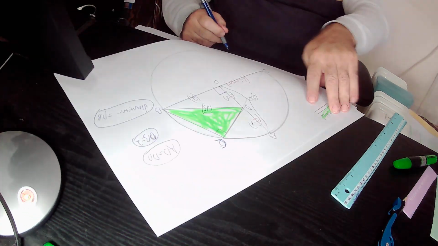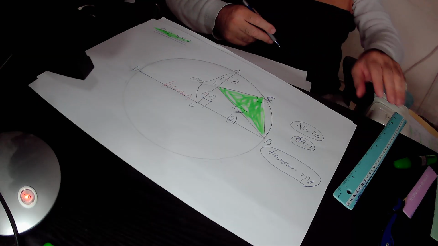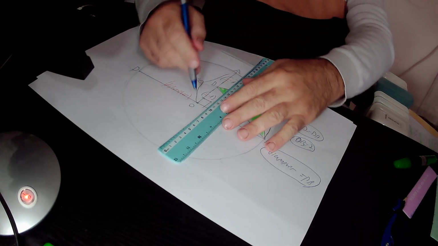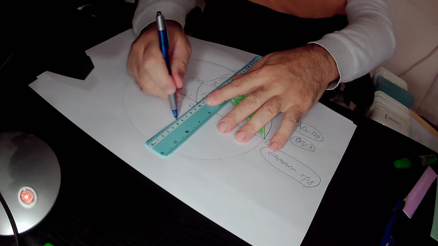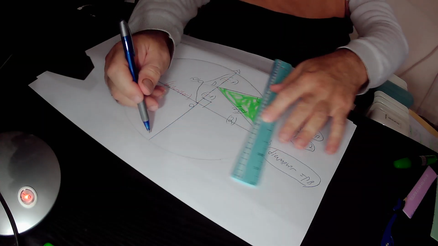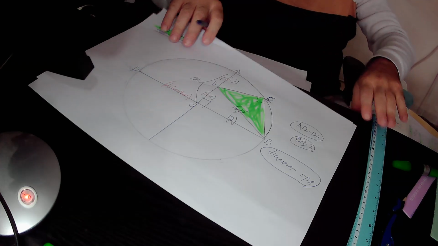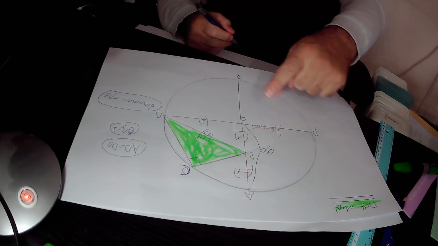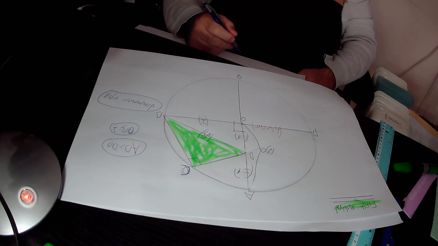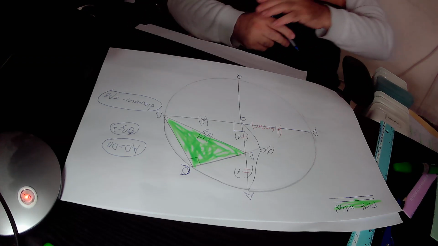Likewise, we'll extend the radius AO by a straight line until it touches the circle. The touching point of the extended radius AO with this circle is point Q. So AQ is also the diameter of the circle, exactly for the same reason that PB is the diameter of the circle.